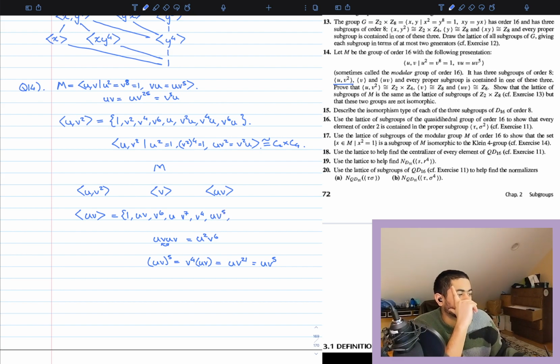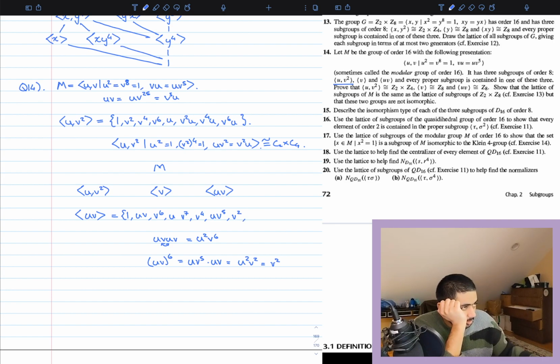Now I'm sure the next is going to be V squared. So if we do UV raised to the power of 6, this should be UV to the 5 times UV. And we can swap these and just get U squared V squared, which is V squared.